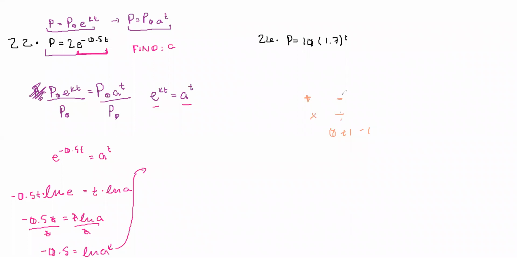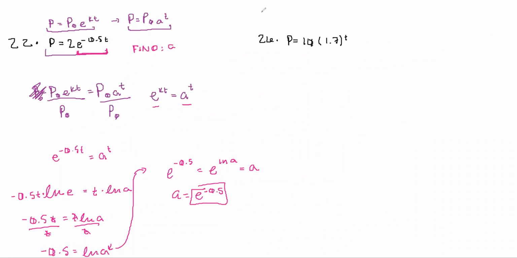And you can think of natural logs and to the power of e as doing that as well. So the way that you would undo this natural log is to say e to the power of 0.5 is equal to e to the power of the natural log of a, and e to the power of a natural log is equal to that number. So a is going to be equal to e to the 0.5.